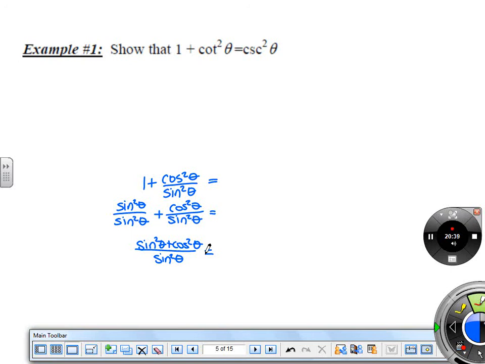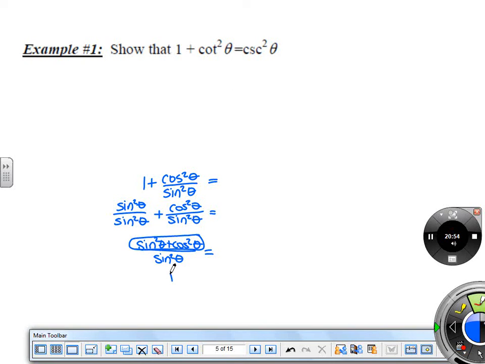Alex? Sine squared theta plus cosine squared theta is 1. Good. Perfect.